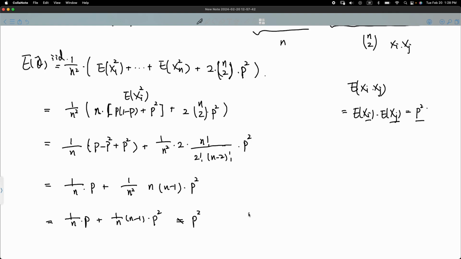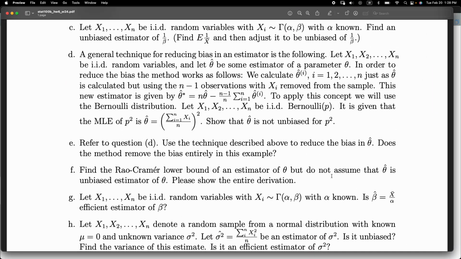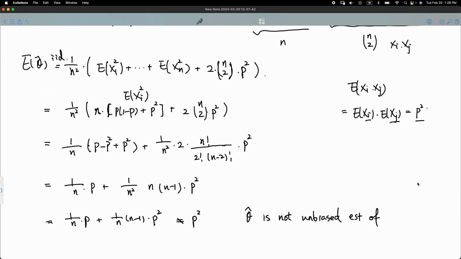So theta hat is not an unbiased estimator of, what was the question? P squared. Yeah, it's not an unbiased estimator of p squared, because when we evaluate the expectation, it is not equal to p squared.